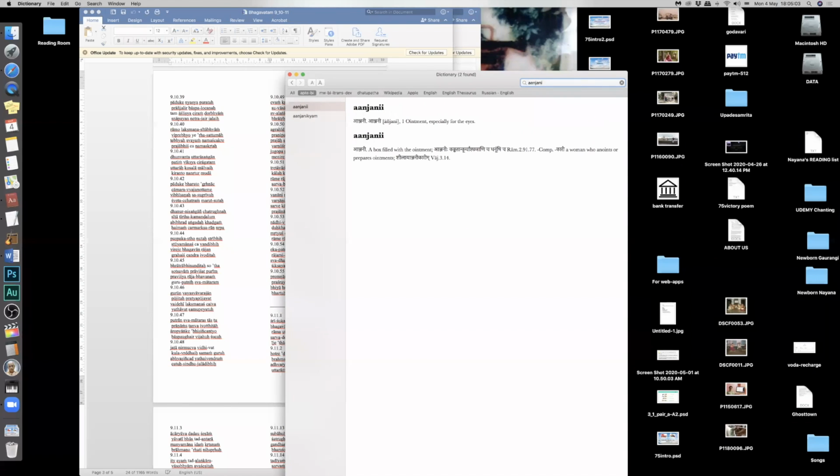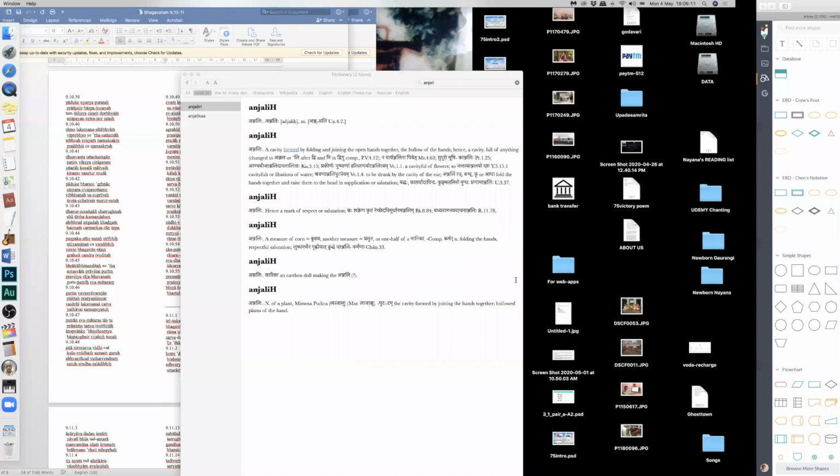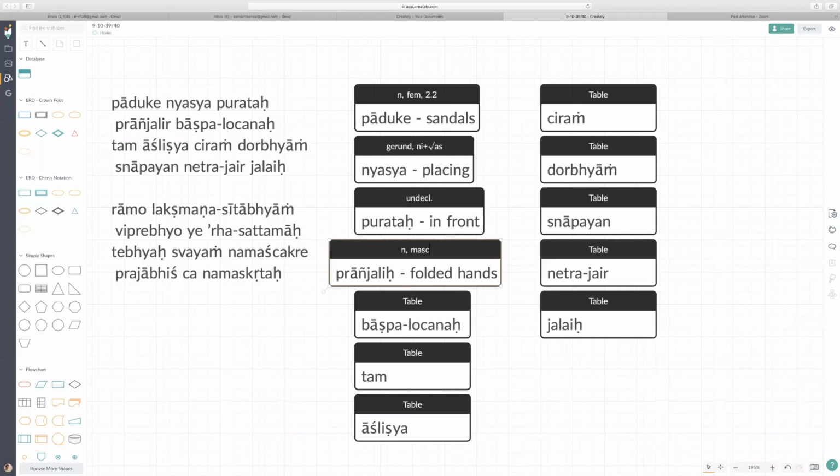Oh, sorry. It's masculine, actually. And the case is 1-1, like Hari, Harihi, Pranjalihi. So folded hands. We will connect it later.